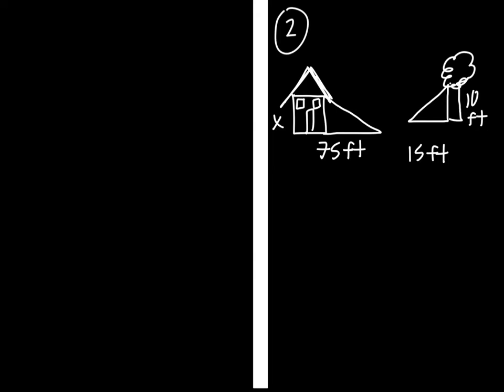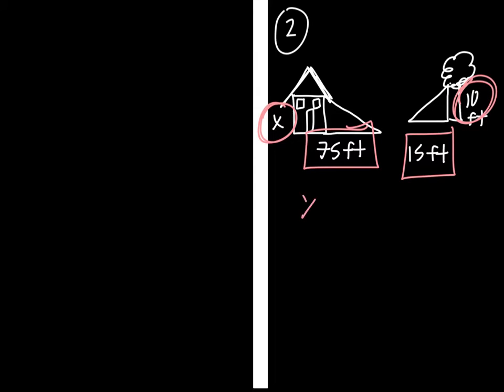Alright, so excuse my bad drawing, but we have a house here and a tree. So we have x, which corresponds to the height of the house, and 10 that corresponds to the height of the tree. So we know that x goes with 10, and 75 goes with 15. So we'll set the proportion up, x over 75.